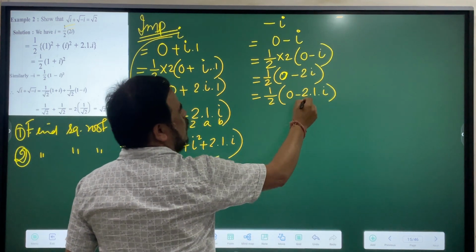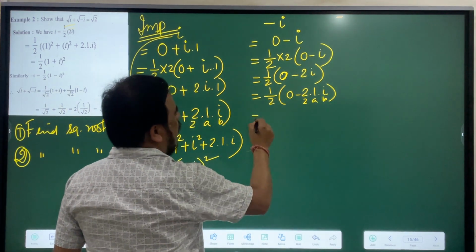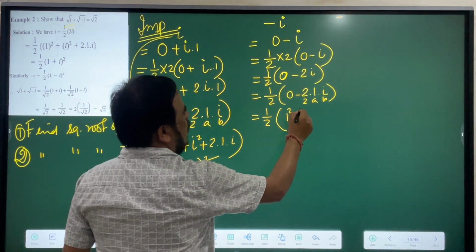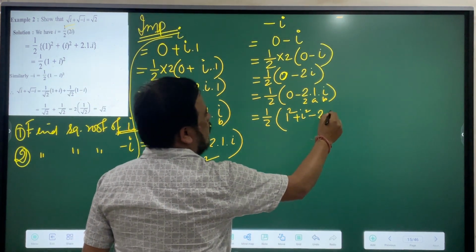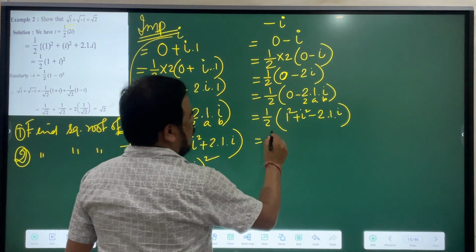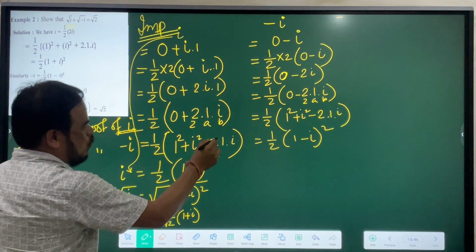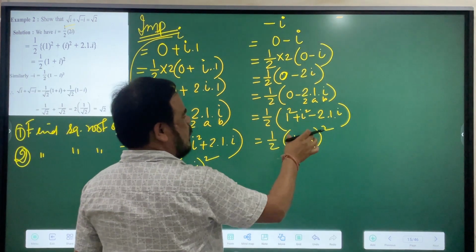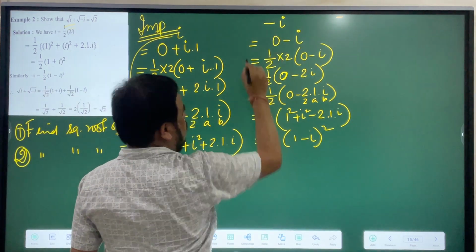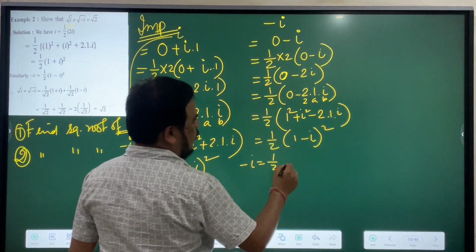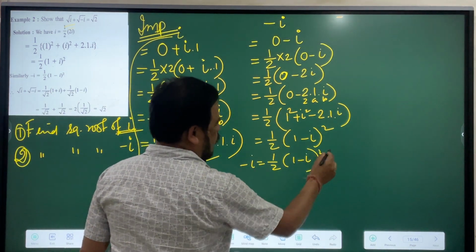That is twice ab, 2ab. Now we will write a square plus b square minus 2ab, so 1 by 2 times a minus b whole square. Here plus 2ab plus whole square, minus 2ab minus whole square. So what is this? Minus i equals half of 1 minus i whole square.